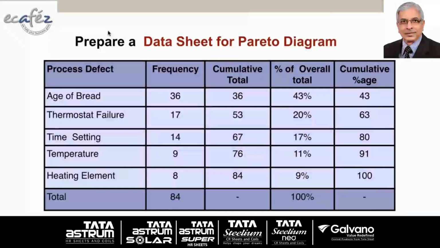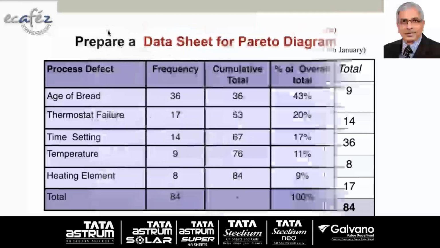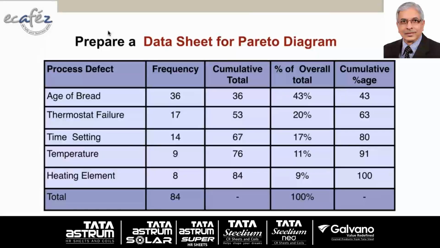Now, to prepare a Pareto diagram, first you have to collect this number of failures data, then prepare a data sheet for the Pareto diagram where the process defects are age of bread, thermostat failure, time setting, temperature setting, and the heating elements.